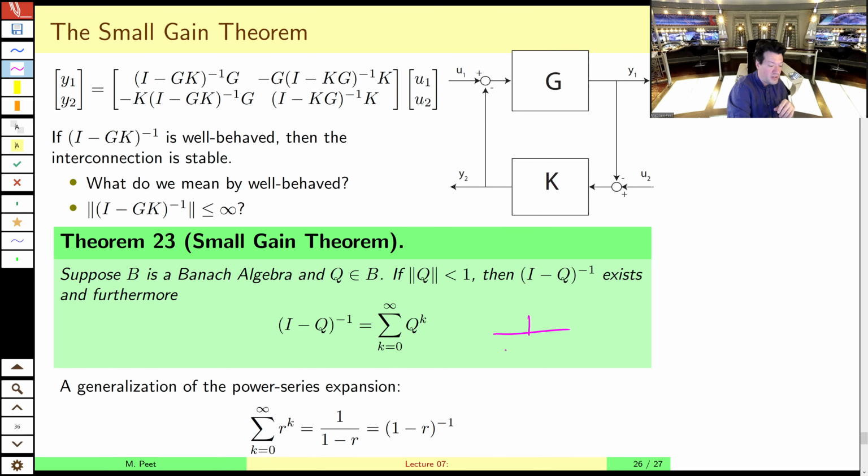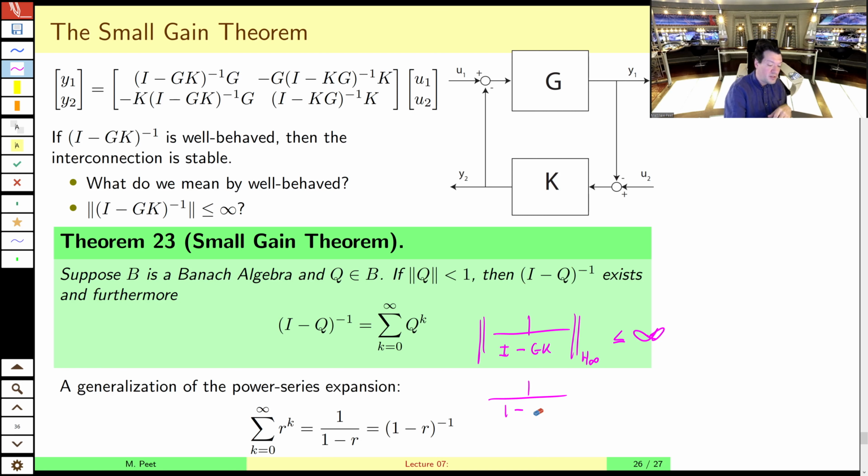We're trying to prove that I minus gk is in H infinity. It's well posed. It's not infinite. Specifically, we want the H infinity norm of that to be less than infinity. We don't want that to go to infinity.